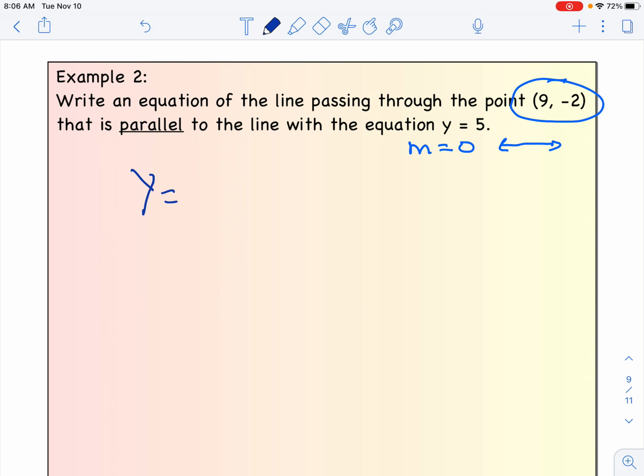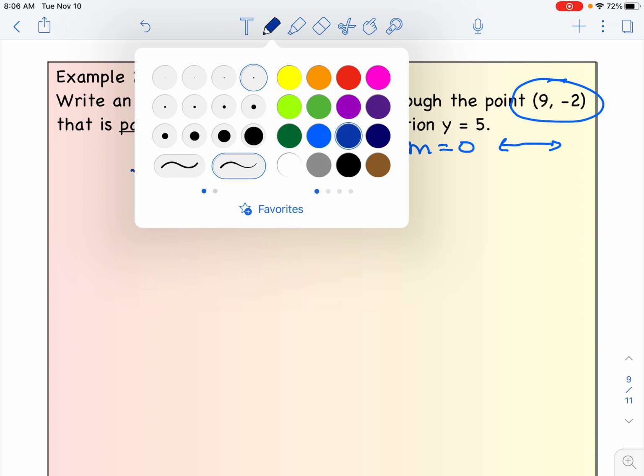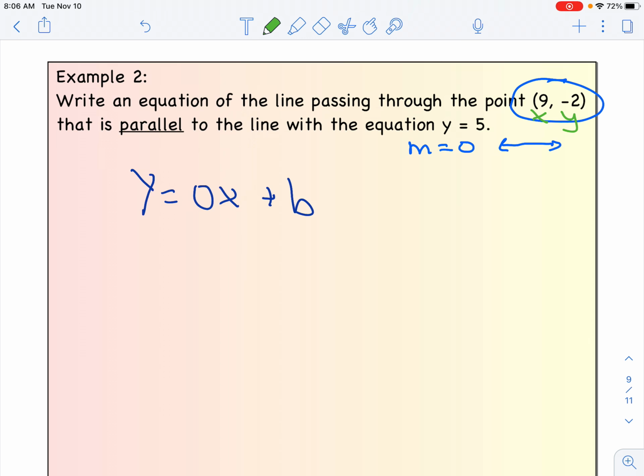We could put in our slope and now our point that we're given to find b. So this would be negative 2 equals 0 times our x value, 9, plus b. Well, 0 times 9 is just going to be 0, so we get b equals negative 2.